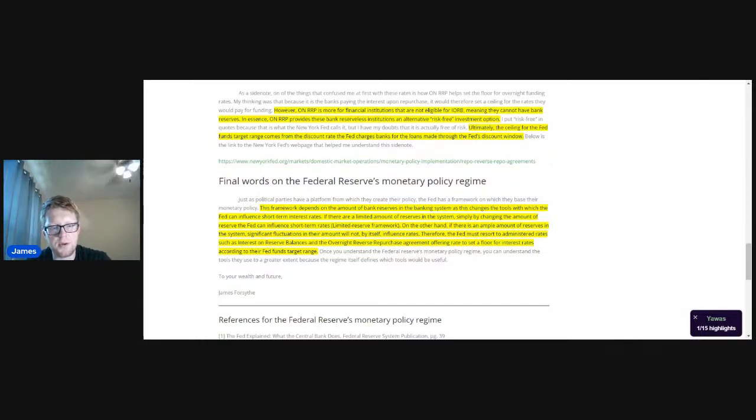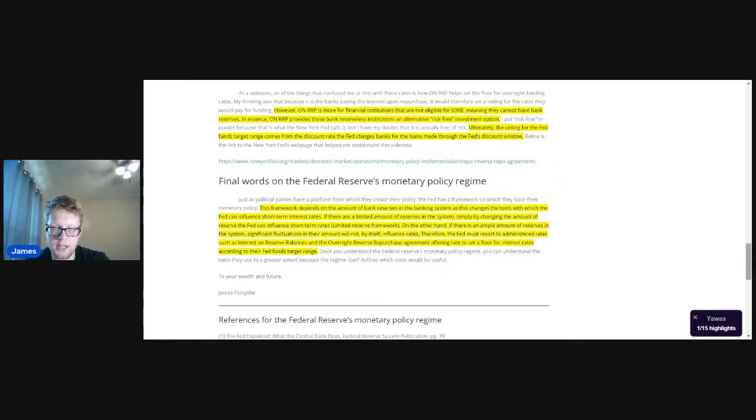However, in an ample reserve regime, by definition, there's so many reserves that changing the amount will not affect or should not affect short-term interest rates. Therefore, the Fed has to use alternative means, in this case, administered interest rates, as can be seen by the interest on reserve balances and the overnight reverse repurchase agreement offering rate, right?